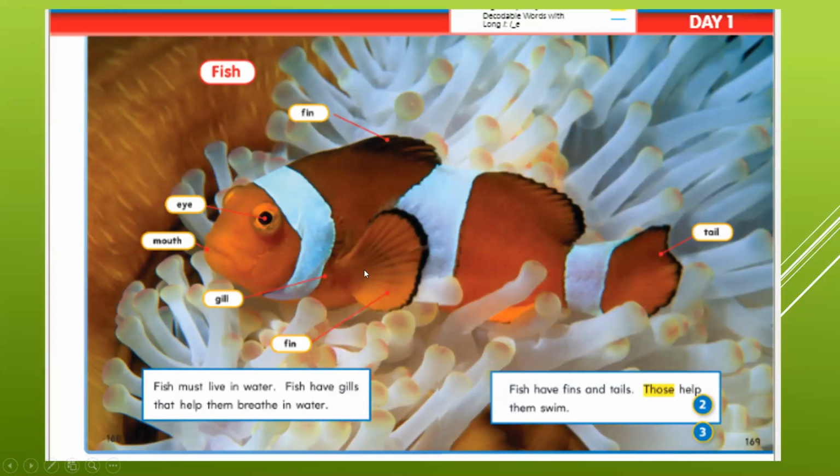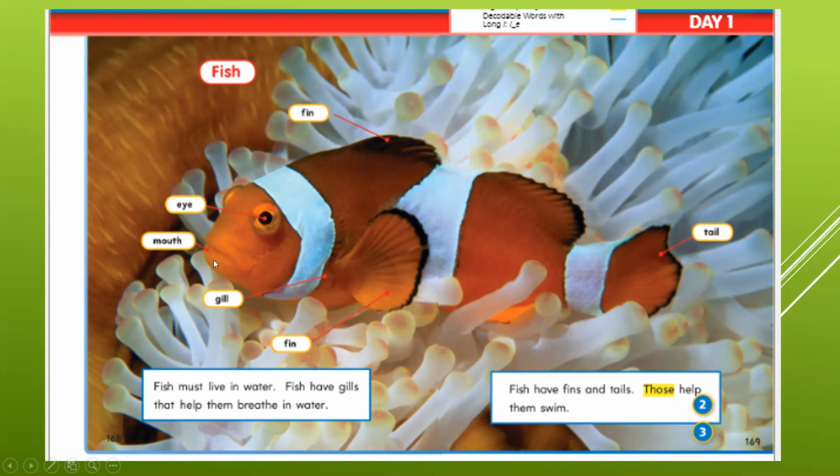We can see through the picture here that we will learn about the fish group, okay? Because I can find here fish and it swims in the sea. Let's read together the parts of the fish. Here, fin, okay? It has fin. It has eyes.